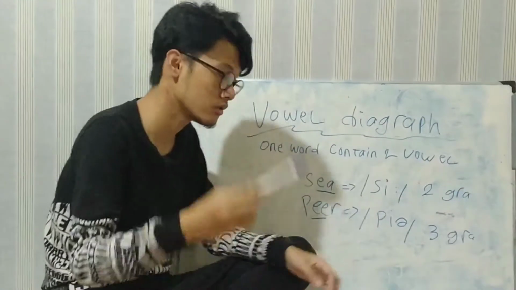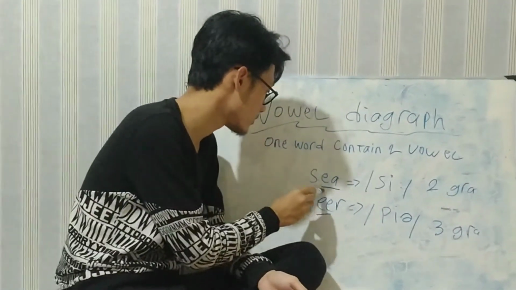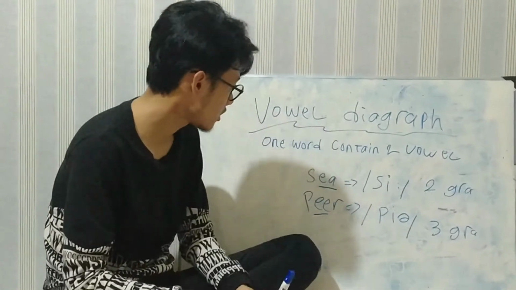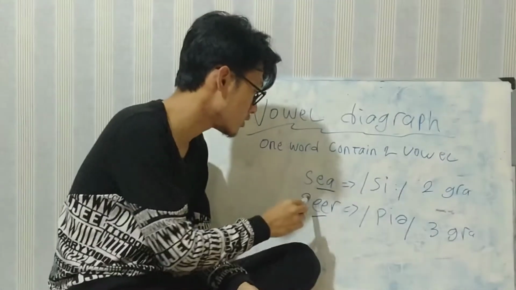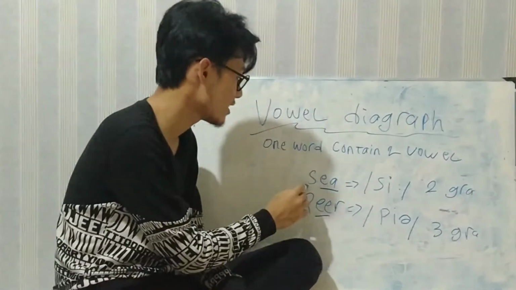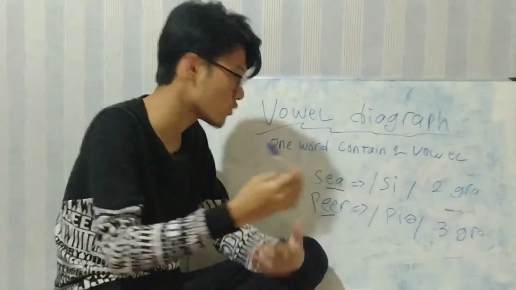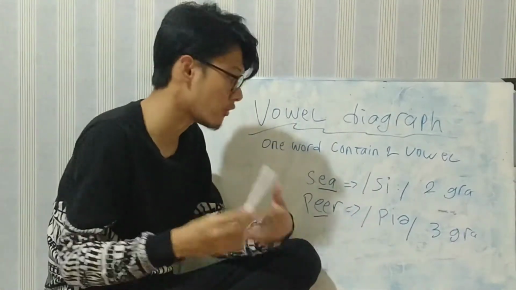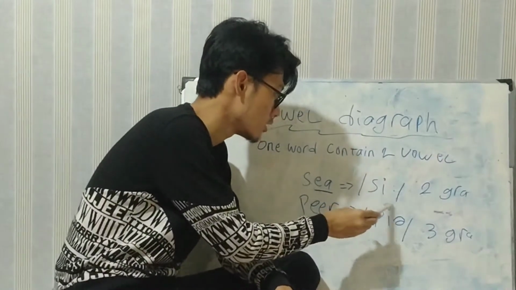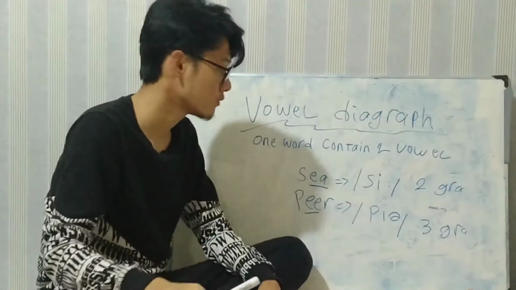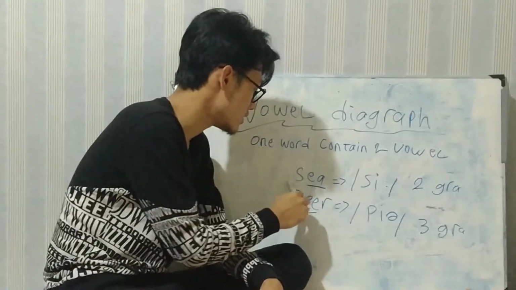I'll give you the example first. Sea, as you can see, there are two vowels in it, E and A, grouped in one word. So how we make a phoneme of it is like C, and it contains 2 graphemes, S and EA.